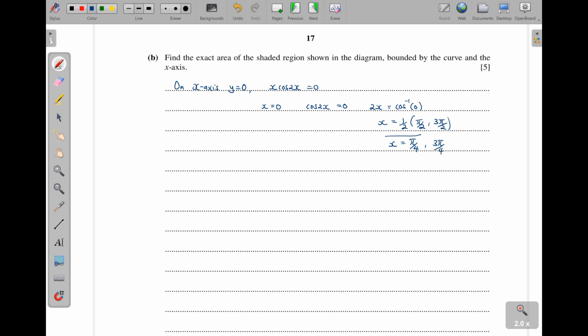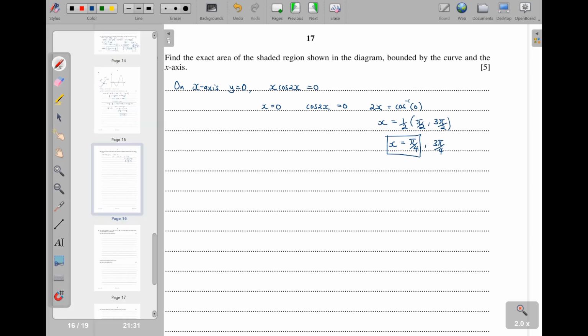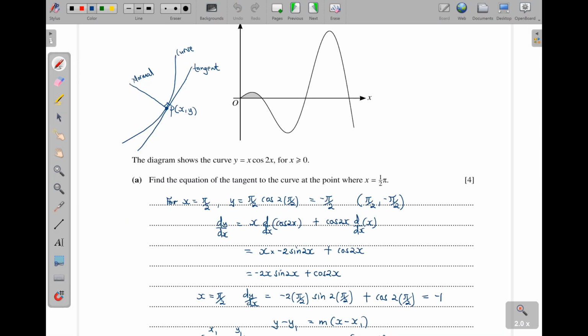And of course, I will take this one here, okay? Because when you check here again, it is a smaller one here, okay? We have 0, then this should be pi over 4. Then the next time it cuts the x-axis, that will be the 3 pi over 4, okay? And then many more. So we are taking those smaller values there.